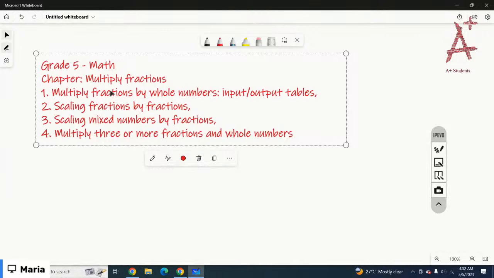The lessons we have covered today are multiply fractions by whole numbers, input-output table, scaling fractions by fractions, scaling mixed numbers by fractions, and multiply 3 or more fractions and whole numbers.